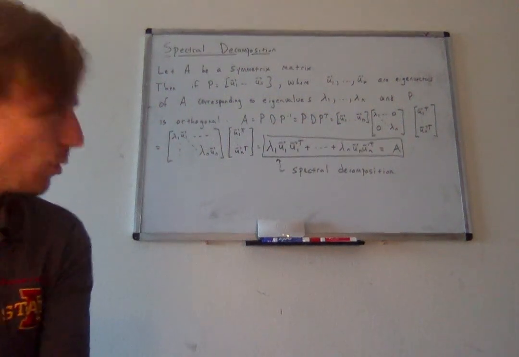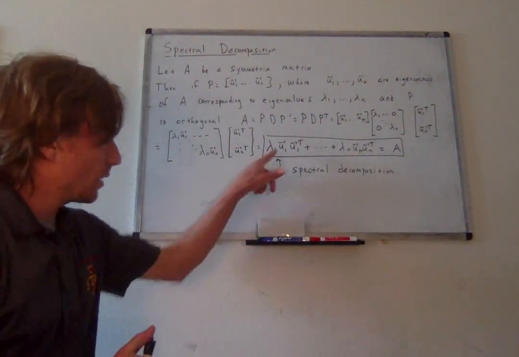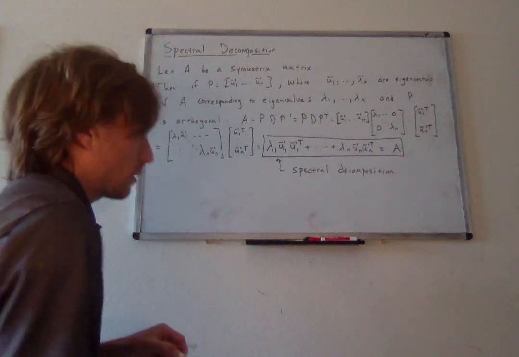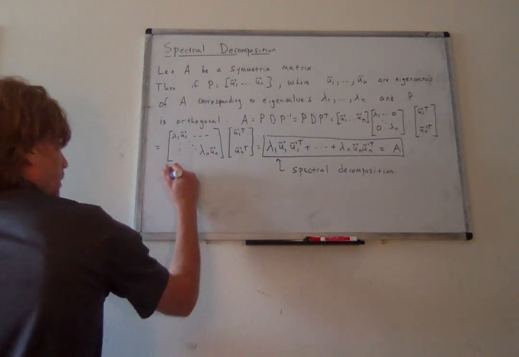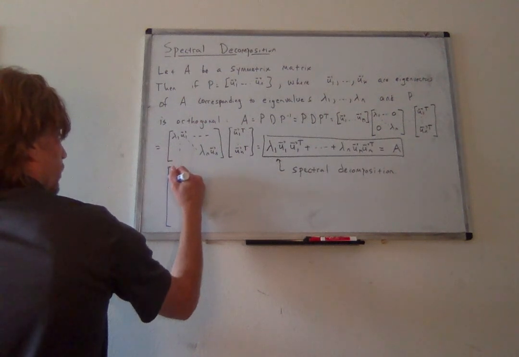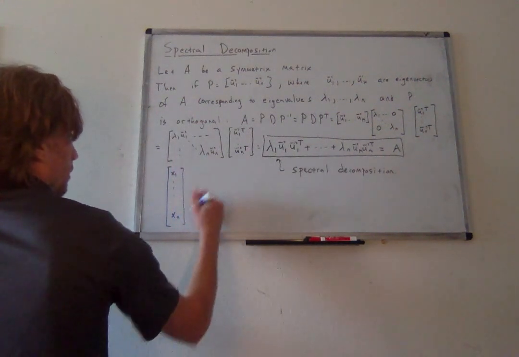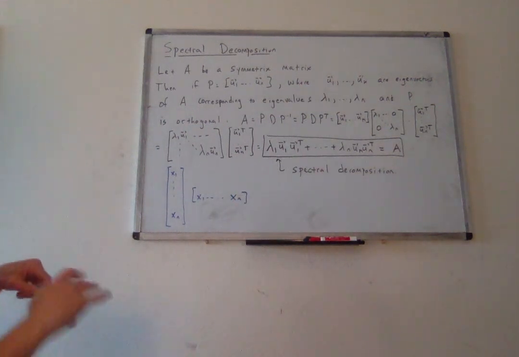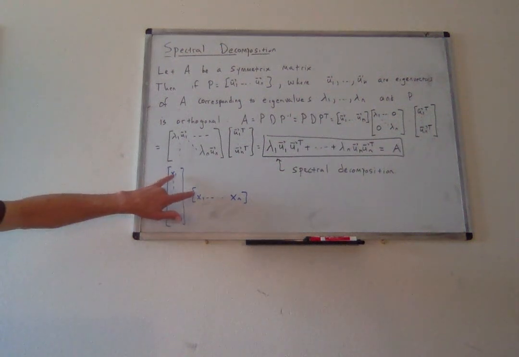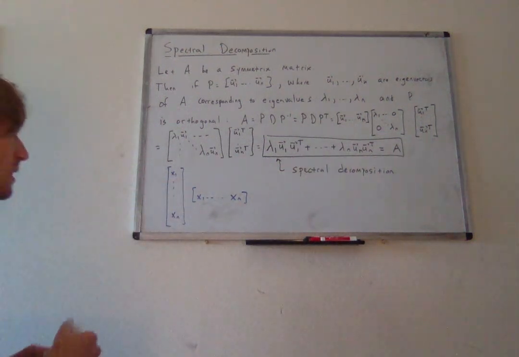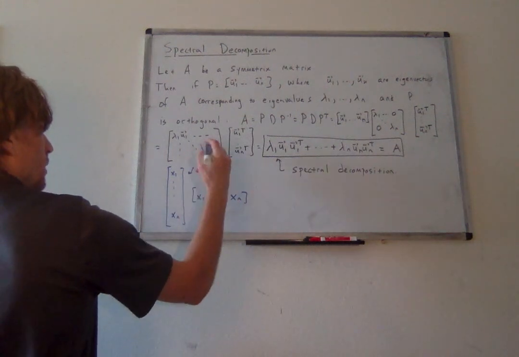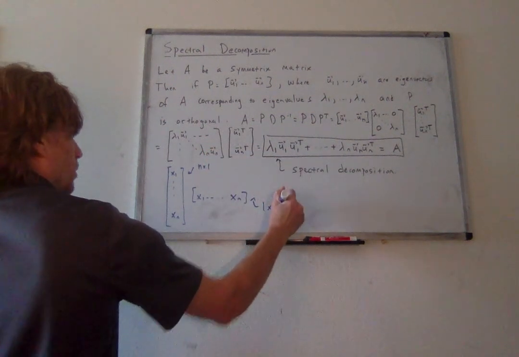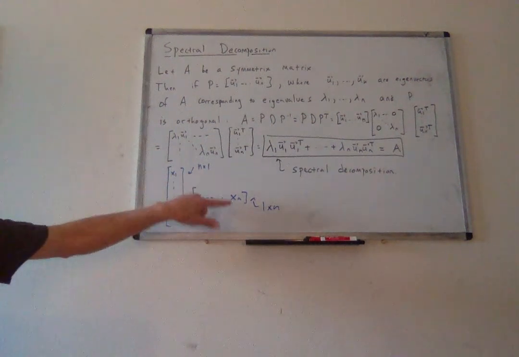So notice here, this is actually a matrix, right? Because if you think about multiplying a vertical vector times a horizontal vector in this way, let's say we had a vertical vector of length n times its transpose. Just to see that this is in fact an n by n matrix, this vector is an n by 1 matrix, this vector is a 1 by n matrix, so you should get an n by n matrix.